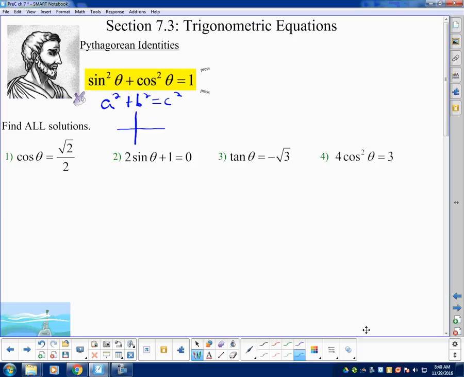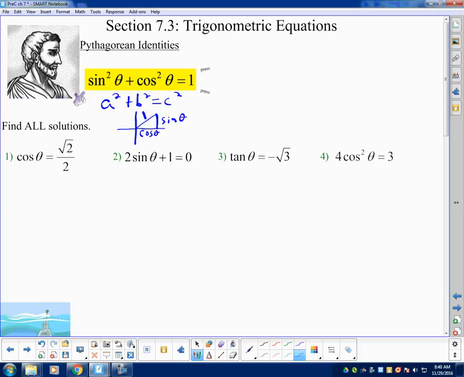On the unit circle, the radius of the circle is the hypotenuse of the right triangle, and the radius of the circle on the unit circle is 1. So that's my c. On the unit circle, it just so happens that the x-coordinate is cosine of theta and the y-coordinate is sine of theta.